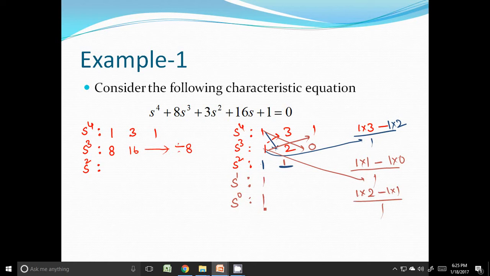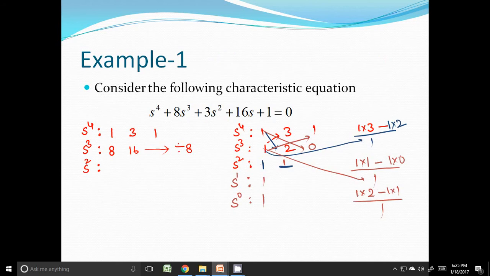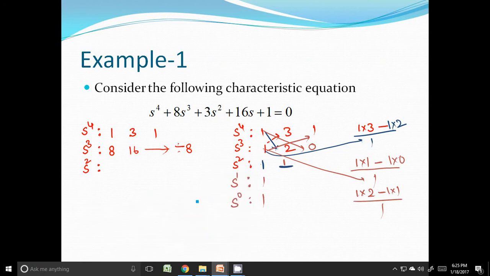Now, as per the Routh stability criterion, observe the first column of this Routh array. Check whether any sign changes are there in this first column.